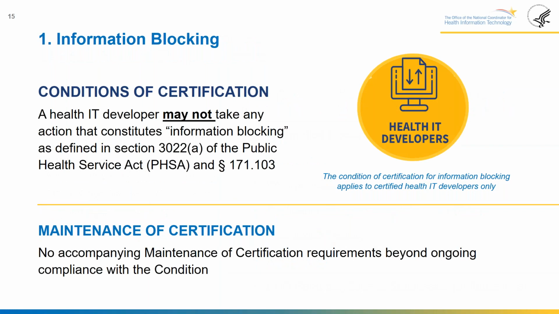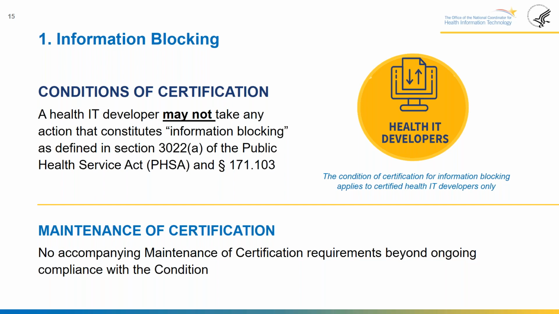So the first condition of certification is information blocking. This condition applies solely to developers of certified health IT only. So information blocking will be discussed later on in more detail, which applies more broadly to a developer of certified health IT's actions related to access, exchange, and use.